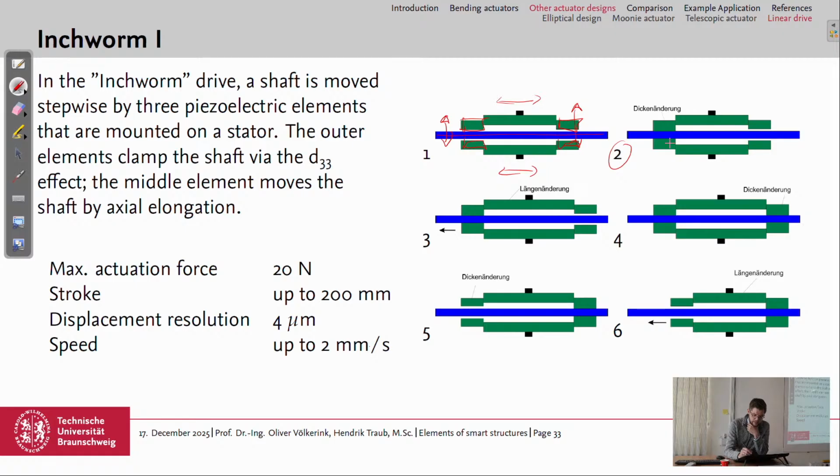Then in the second step, it's clamped here, and in the third step we use this actuator to elongate, and then we clamp also on the other side here, and then we loosen the clamp on the left side, and we can contract the actuator in the middle again, and then we start again here, and with this we have a linear drive made by piezo actuators.